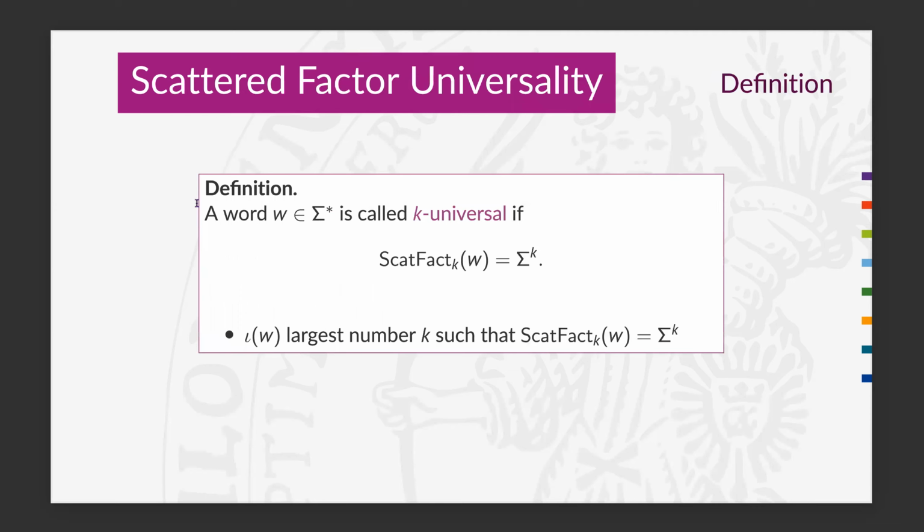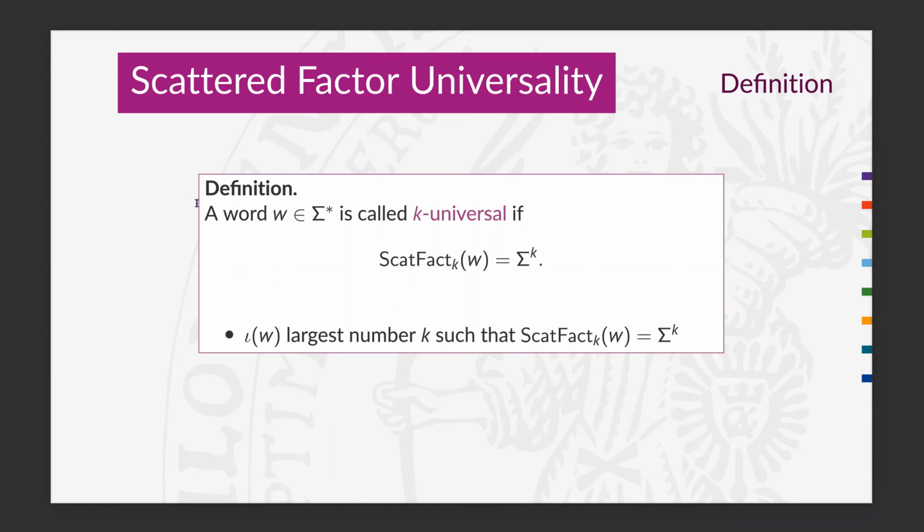So word W is k-universal if and only if the scattered factors of length k of W are all words of length k over sigma. This is another word for the same thing Karandikar and Schnoebelen also introduced. They called it richness. We stayed with universal because richness has other meanings in combinatorics of words.